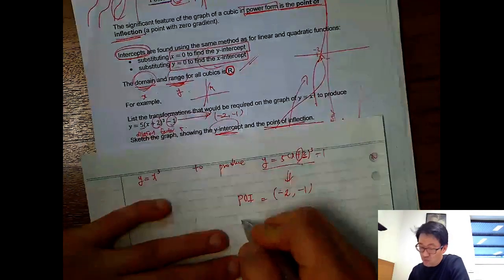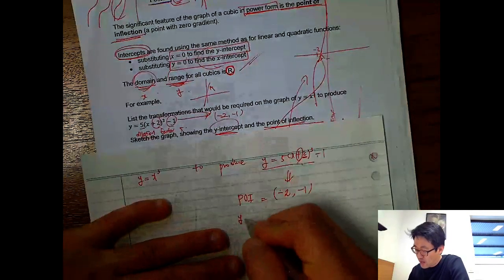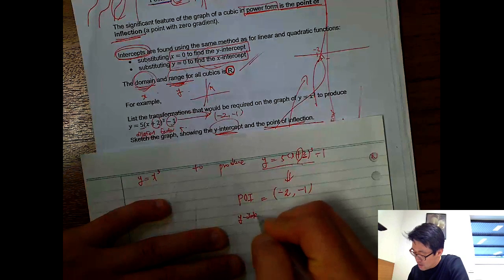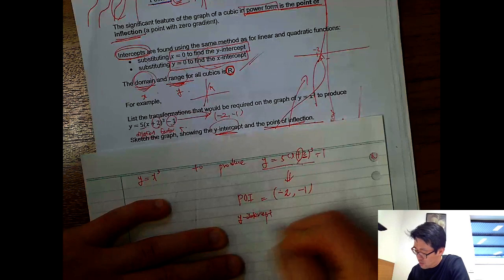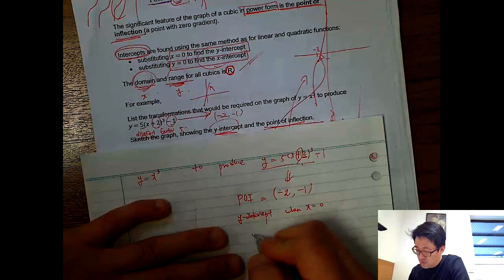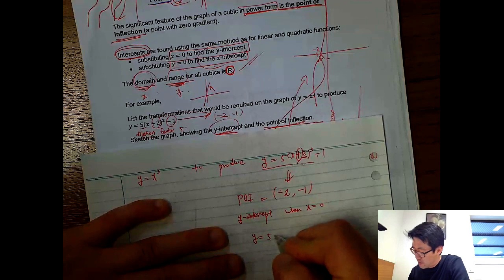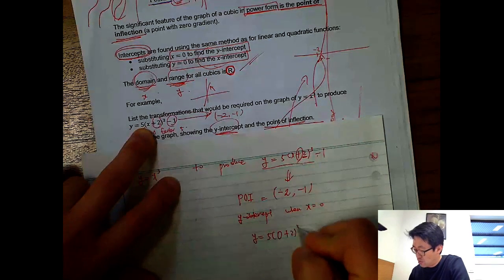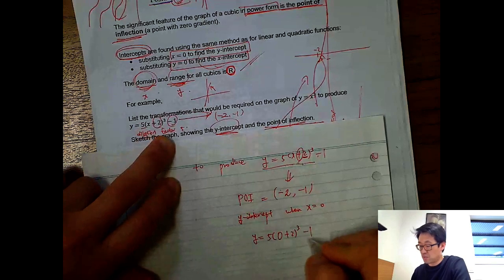And we usually get the y-intercept and x-intercept, but in this case, the y-intercept is when x equals 0. So 5 times (0 plus 2) cubed minus 1. Be careful, this one is not just minus 1.